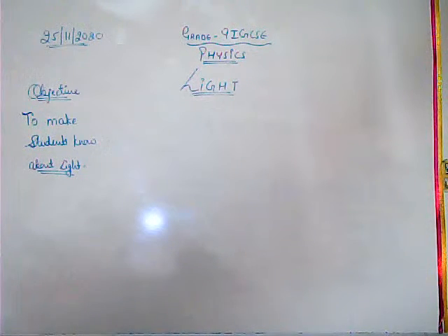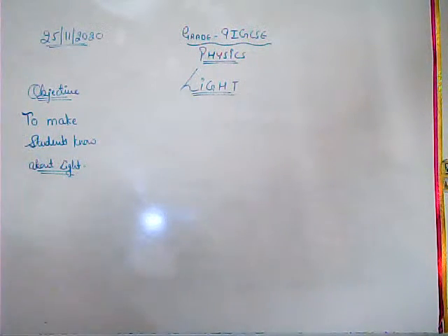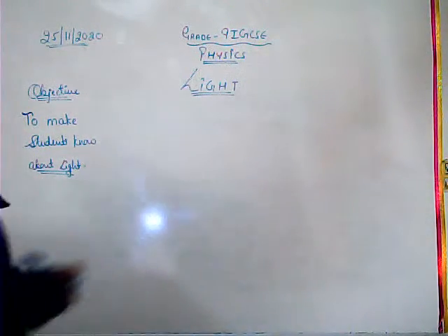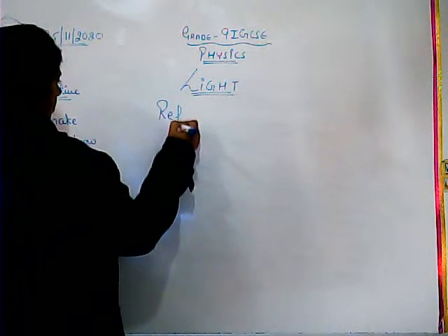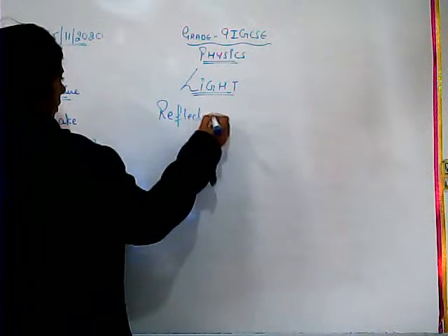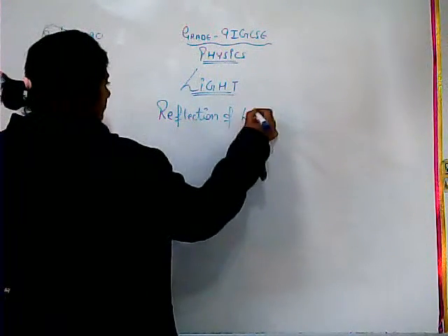Okay, let's begin the class for today. In the previous class, we started with the reflection topic, and we covered almost all of it. Now, in reflection of light, what are the things we have done?